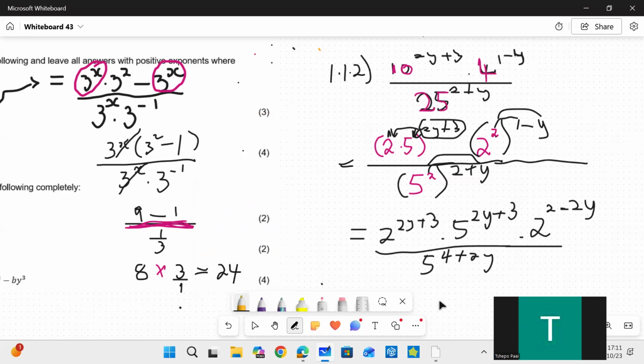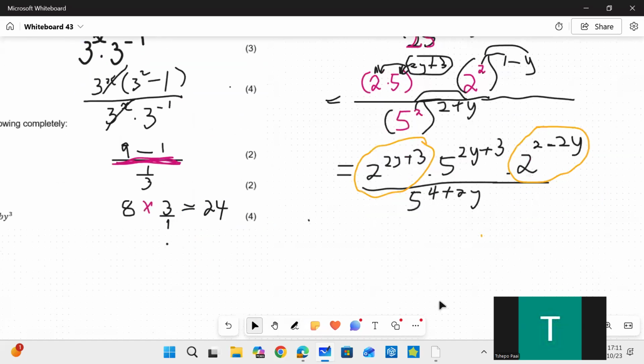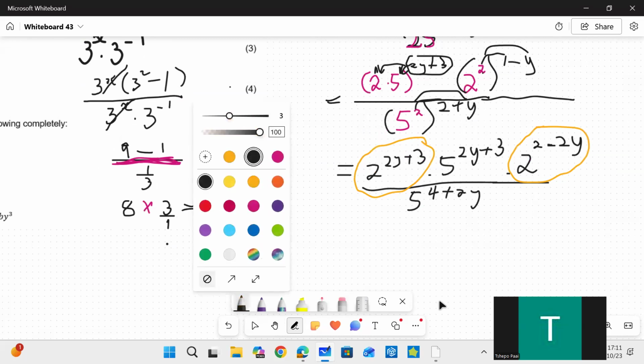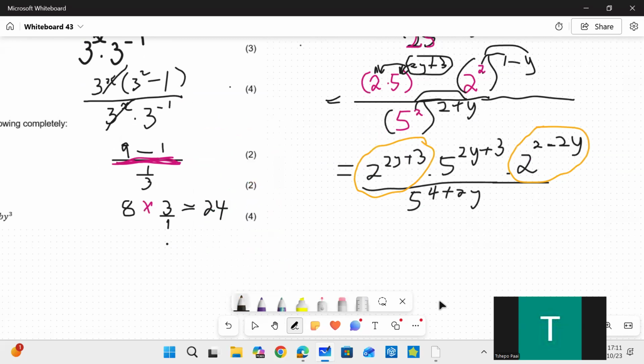Now, when we multiply powers that have the same base, you add exponents. So these powers have the same base and they are being multiplied in this case. So what will happen there now? We will add their exponents. When we multiply powers that have the same base, we add the exponents.